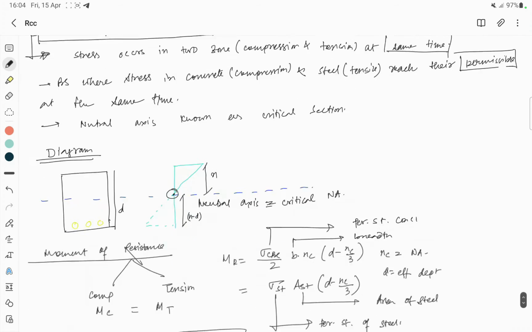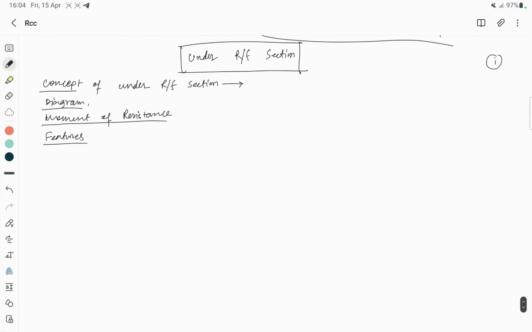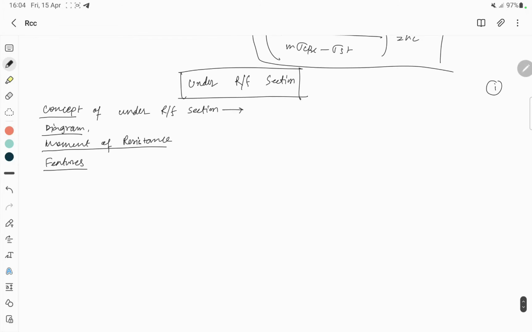So this time we discuss the second combination, that the permissible stress is reached first at the tensile zone. First the tensile zone, then the permissible stress is reached in the compression zone.